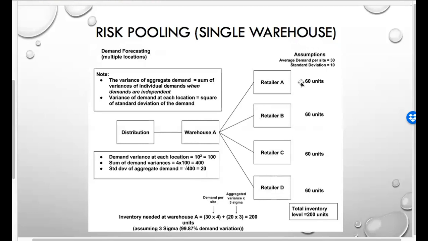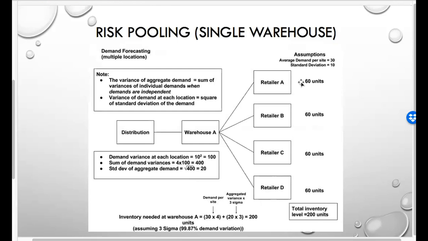All 4 sites are no longer independently viewed when we deal with demand aggregation. So we still have 30, the average demand per site, and the standard deviation is 10. So each site still needs 60 units if we're going to fill the management required amount of units.